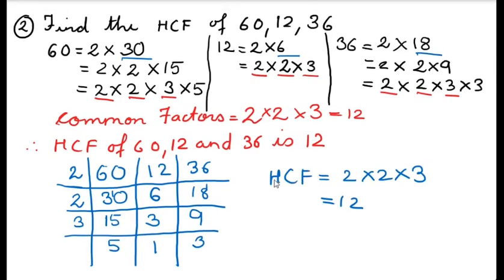One more important thing in this sum is that you can see one of the given numbers is a divisor of all other numbers. Then it is said to be the HCF of those given numbers. See, once again I will tell. Here the numbers are 60, 12 and 36.